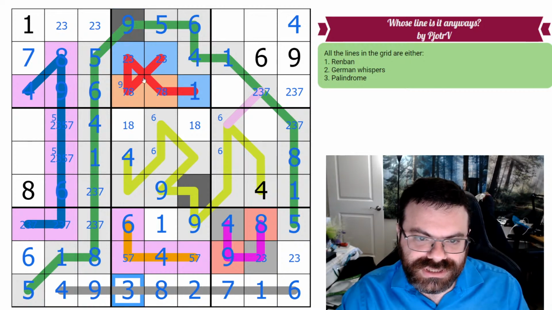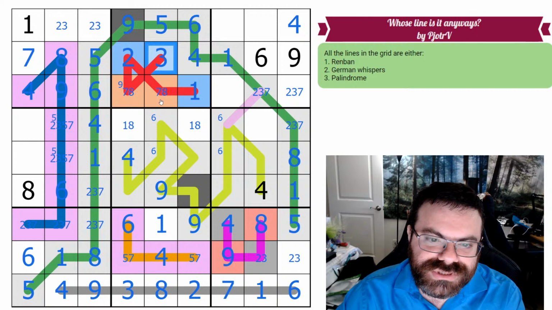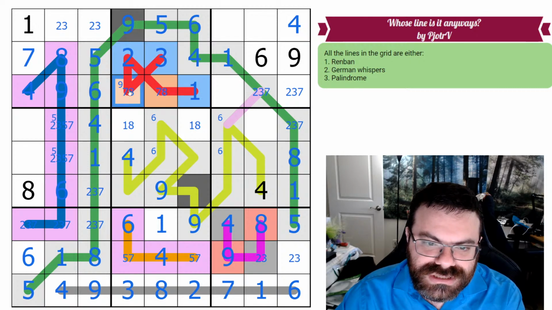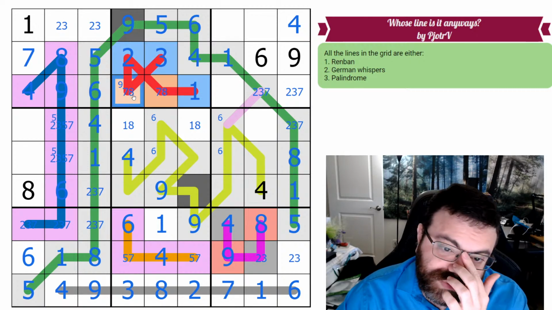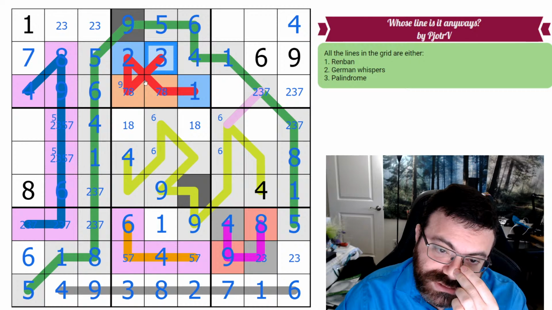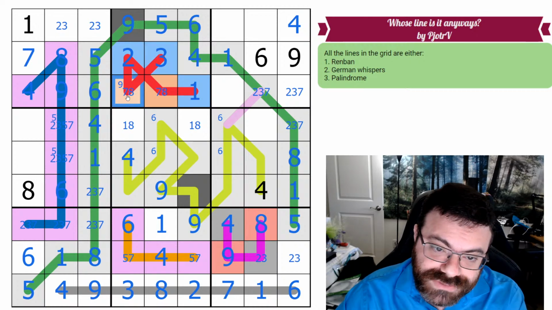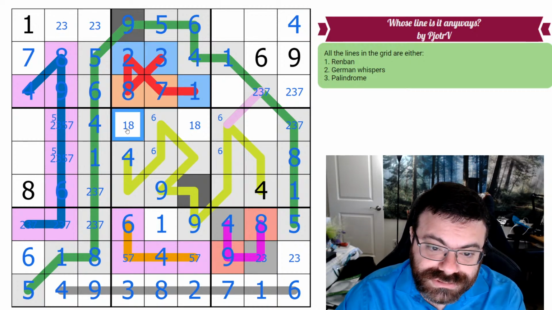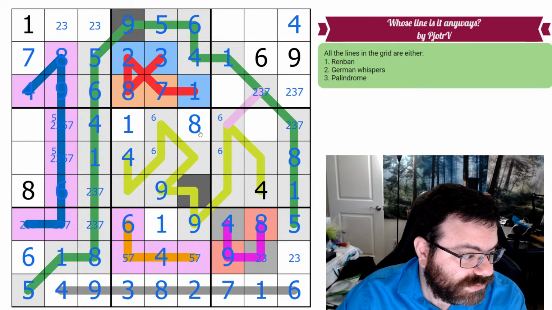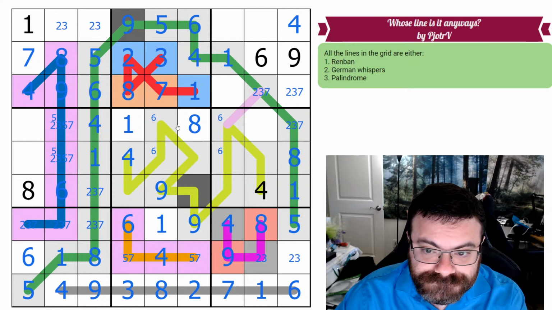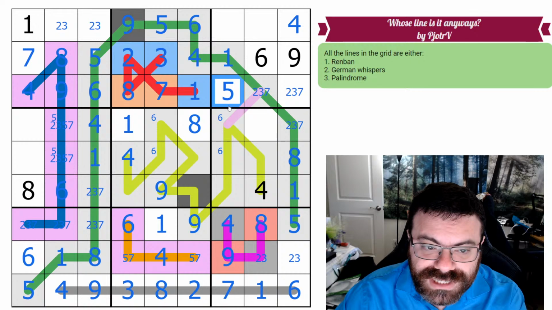Column 4 has a 3 in it. That's helpful. So this is 2 and 3. The 3 can't connect to the 7. So this is 8 and 7. It's 1 and 8. We can place the 5 in this box.